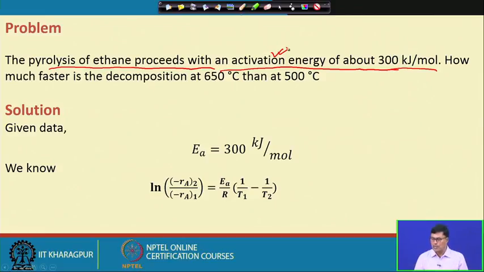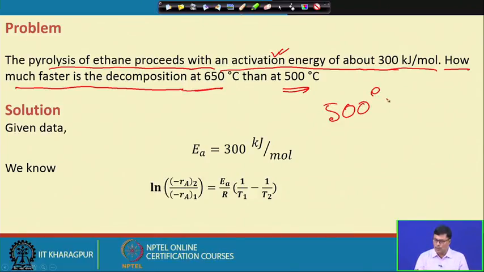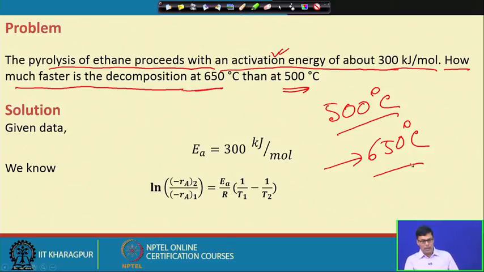Here the activation energy is given, and we have to find out how much faster the decomposition is if we increase the temperature to 650 degrees centigrade from 500 degrees centigrade. So, this problem deals with how the rate of decomposition increases when we raise the temperature.